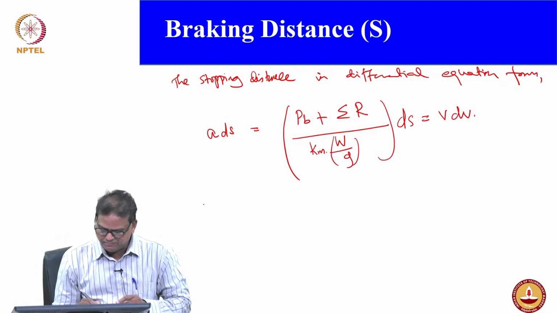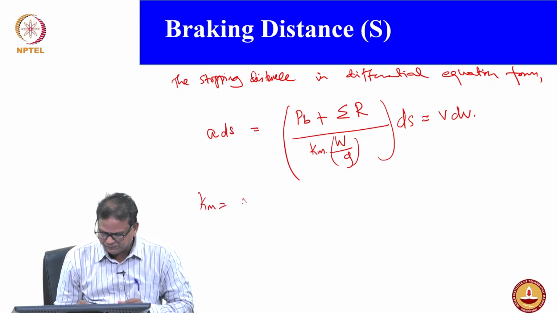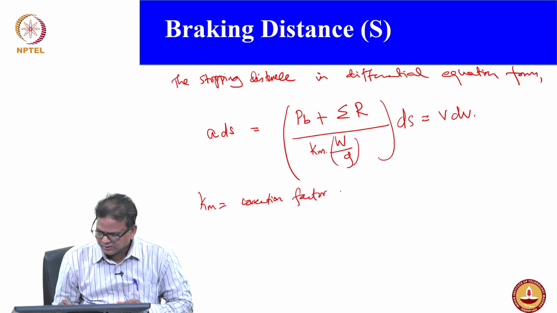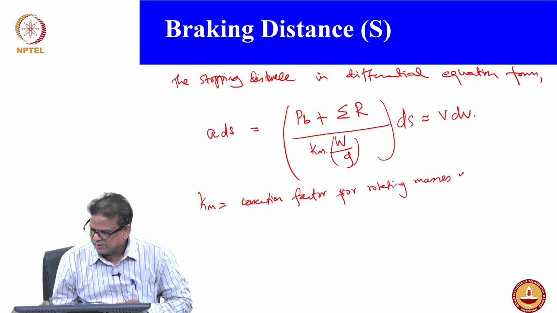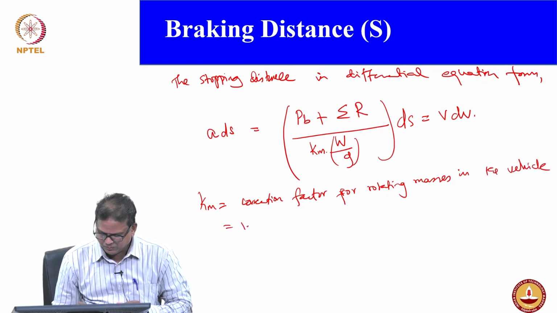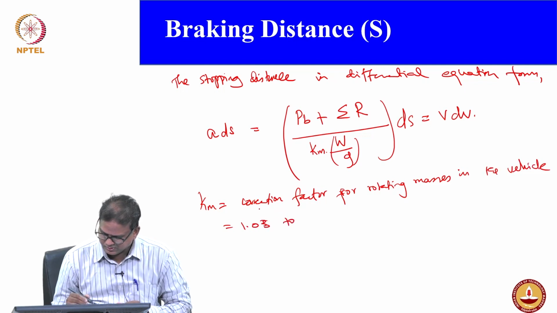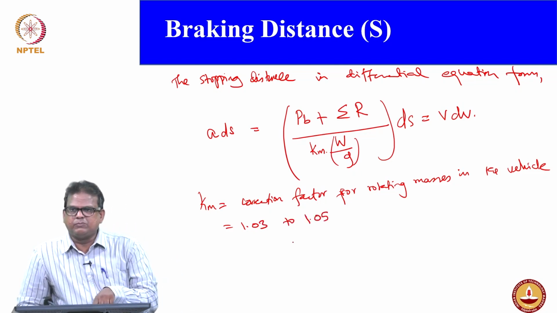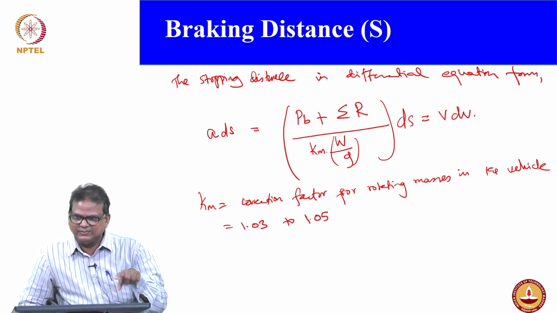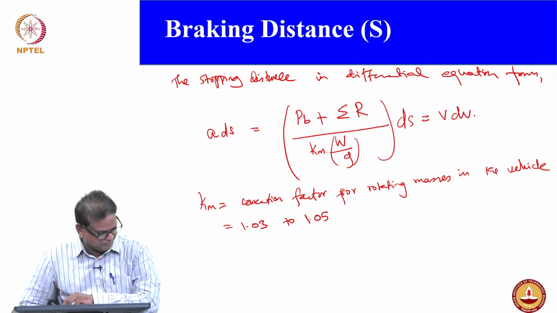Km is the correction factor for rotating masses in the vehicle. Usually it varies from 1.03 to 1.05. We will discuss more when we go for thermal analysis; this term will come into the picture.